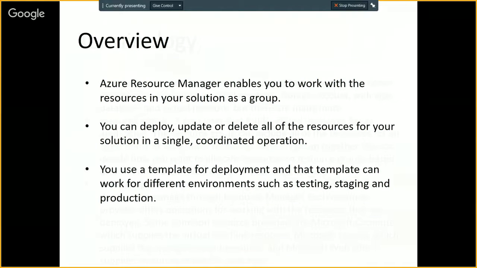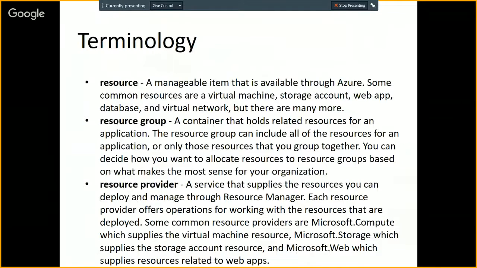So next we'll talk a little bit about terminology. A resource is any manageable item through Azure. Some of the common resources are virtual machines, storage accounts, web apps, databases, and virtual networks. But there's a lot more. Everything new that Microsoft adds to Azure is deployed using Resource Manager.